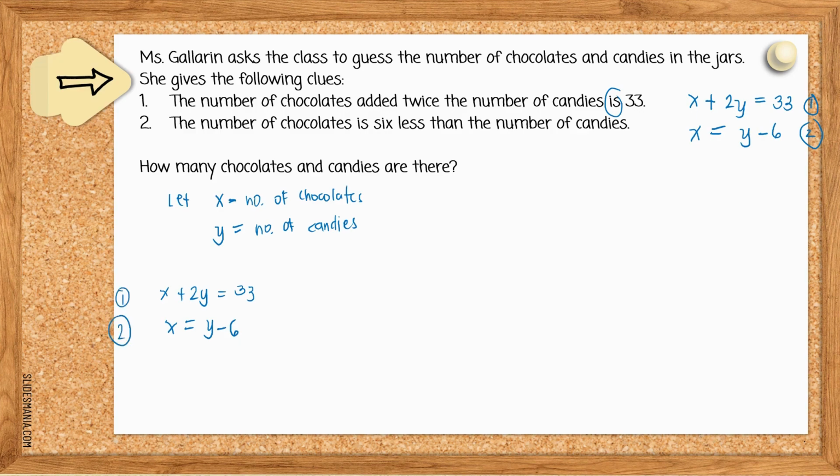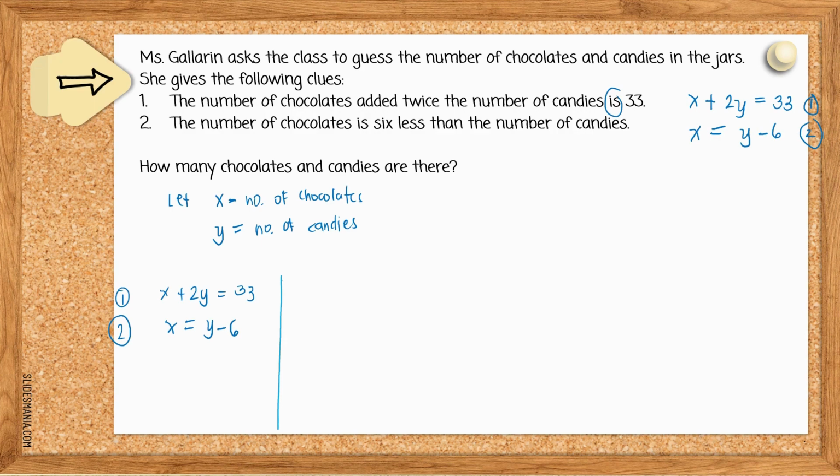As you can see in equation 2, x is equal to y minus 6. Again, we're going to use the substitution method. Therefore, we're going to solve one of the equations for either x or y. So we will use this as the value of our x: x is equal to y minus 6.